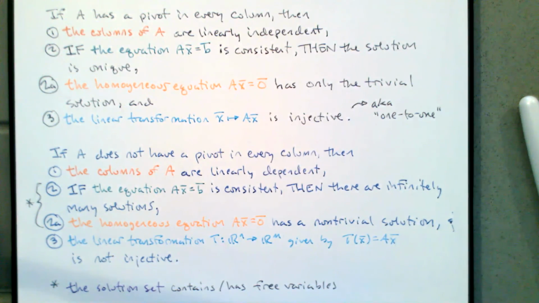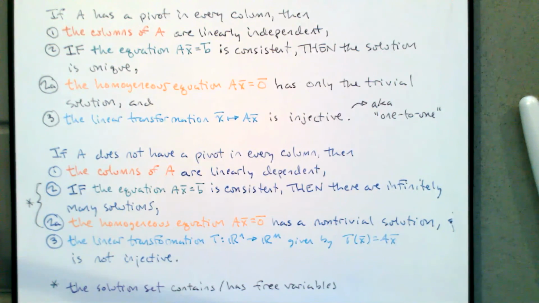However, if you observe that A does not have a pivot in every column, and just tell me that the columns of A are linearly dependent because the homogeneous equation has a non-trivial solution, I will say, how do you know?